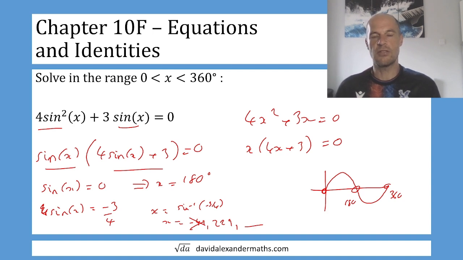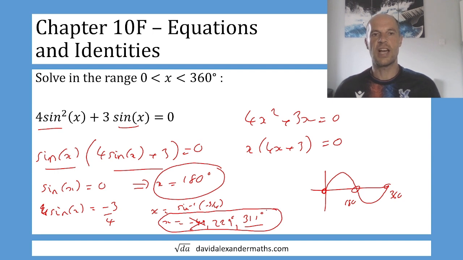So all I need to do, remember of course sine repeats every 360, is add 360 to negative 49, or 360 minus 49. We're getting 311, which is within range. But hopefully you know not to bother adding 360 to 229 because that would definitely take us out of range. So we're getting three solutions here. We're getting 180 degrees, 229 degrees and 311 degrees.